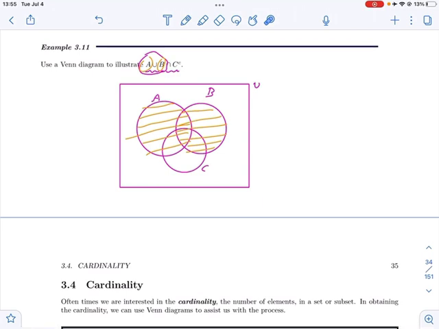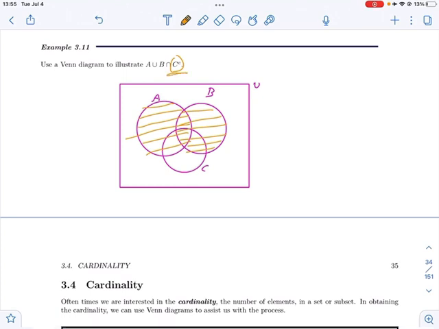Now, this intersects the complement of C. Complement of C means all elements that do not belong to C, but belong to the universal set. For example, if this is the universal set, this is the set C. What is the complement? The complement is the elements that are outside the set C, everything that does not belong to the set C but belongs to the universal set.